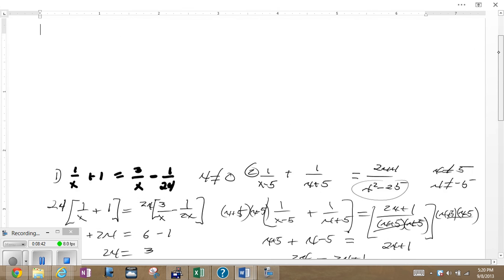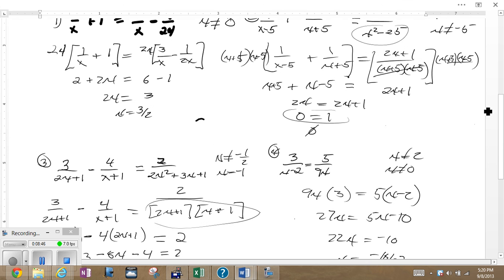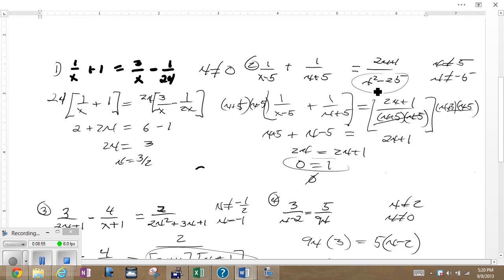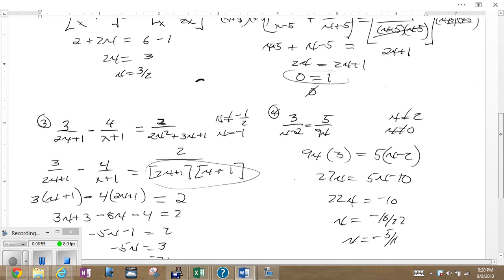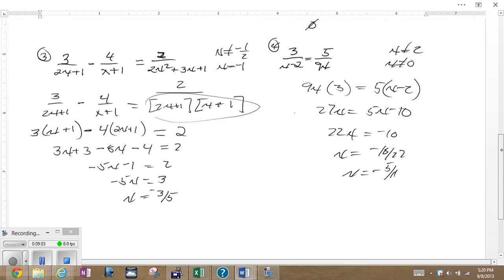Fractional equations. The thing to remember: always, before you proceed, determine what the value can never be. That is, determine the value that will make the denominator 0. That's a value that the variable is never allowed to assume.